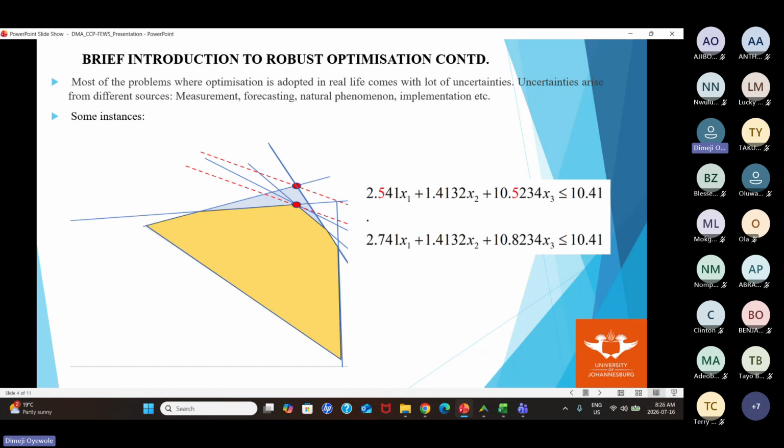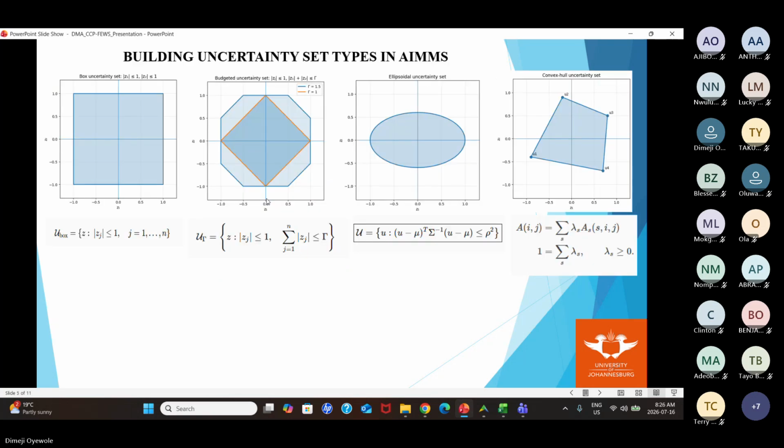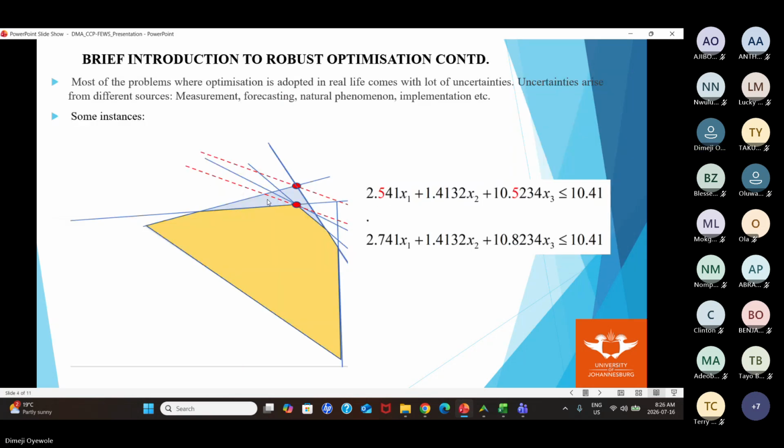For example, here, before the change was applied, any value I have here is optimal. So if, for example, I have a particular variable and the intersection of the variable is here, the solution is optimal, but with just a little change, when I put the same point, it will no longer be optimal because this is the new boundary for the solution.